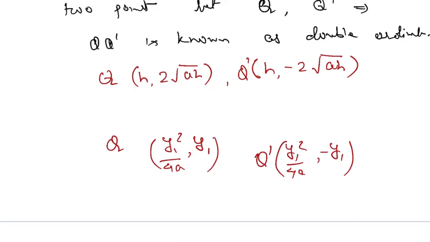This is known as double ordinate. We have to use this terminology for parabola, ellipse, and hyperbola. The equation would change, and accordingly the points will change, but the terminology and the meaning will be the same in all the cases.